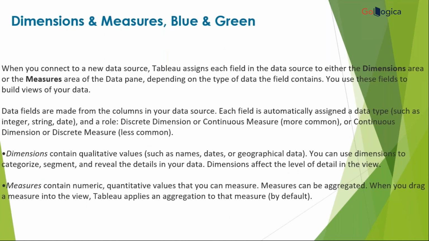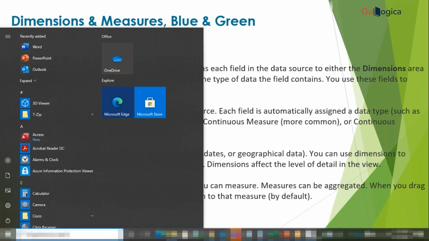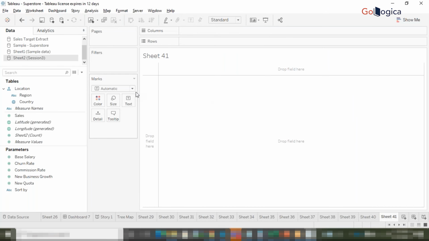So when we connect to a new data source, Tableau assigns each field in the data source to the dimension area or the measures area. When we connect to any database, Tableau automatically segregates the dimensions and measures.